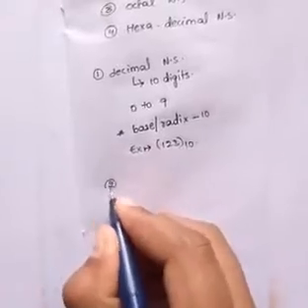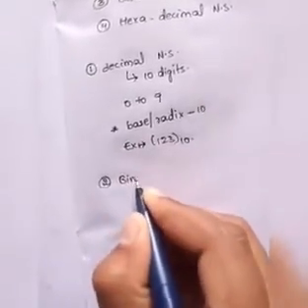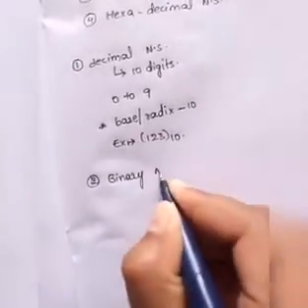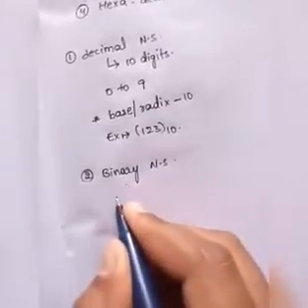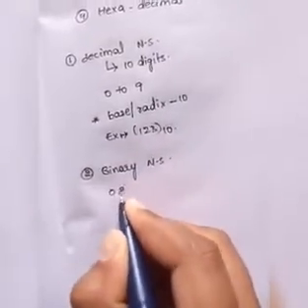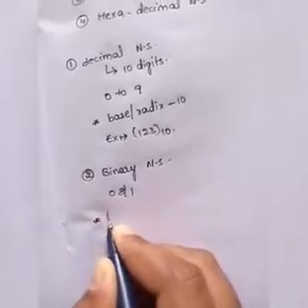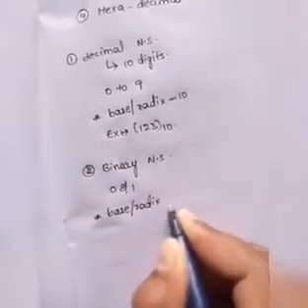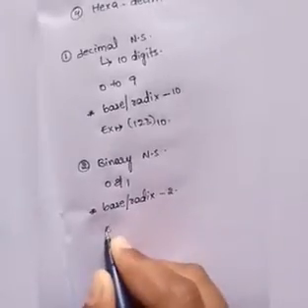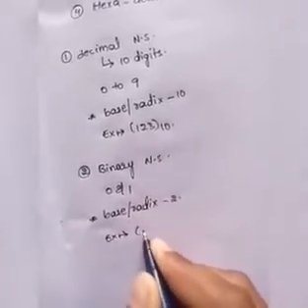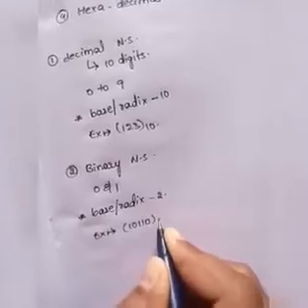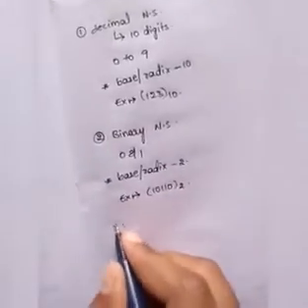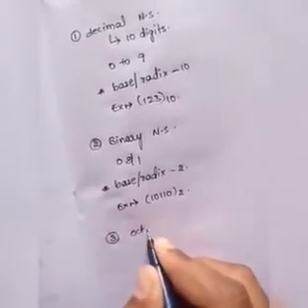And second one is binary number system. It has 2 digits 0 and 1, and it has the base or radix of 2. Example for binary number system is 10110 to the base 2. And the third one is octal number system.